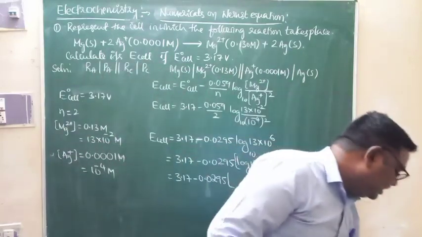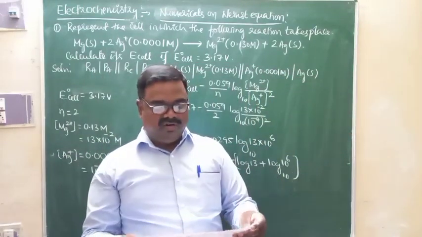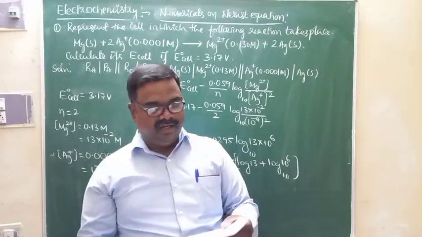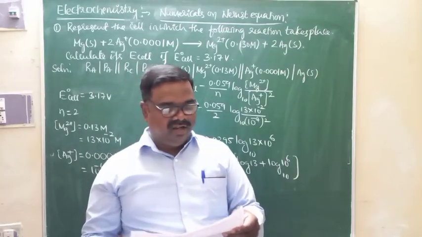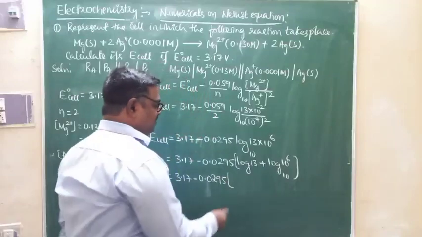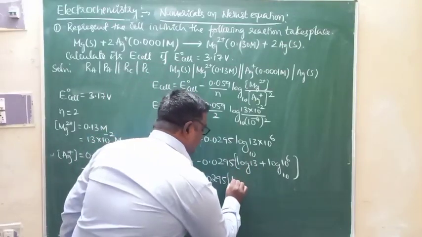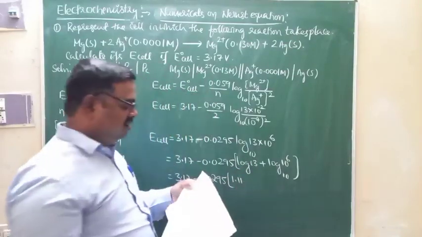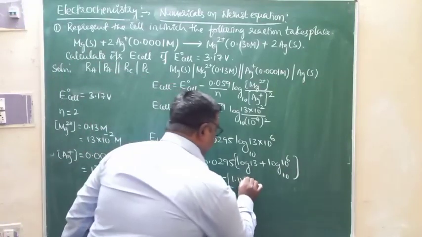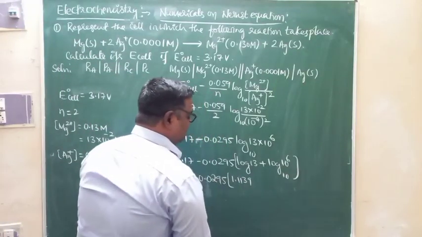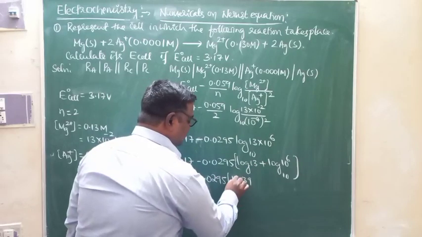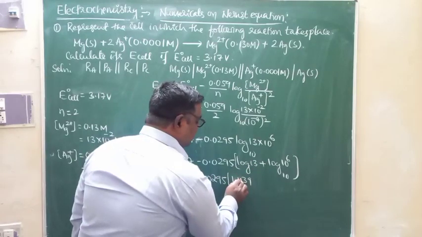Now log 13 is 1.1139. Since there are 2 digits, the characteristic is 1.